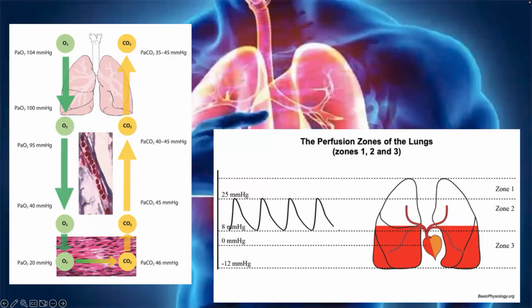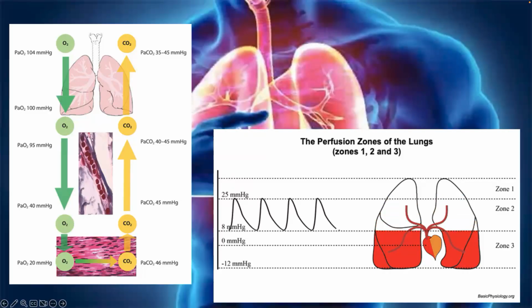On the right-hand side are the zones of perfusion. I said that the cardiovascular system and the pulmonary system work hand in hand. What's happening at the top part of the lungs? What do you see or don't see? Blood's not getting there.